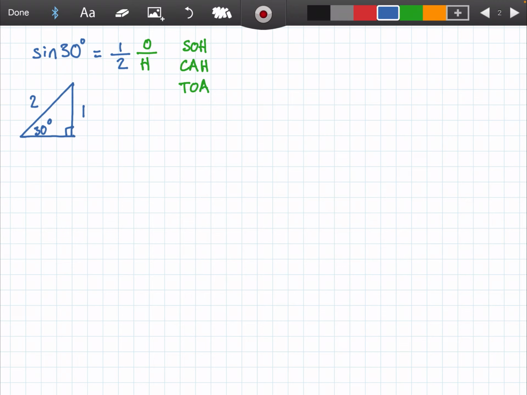I could do another triangle with a 30-degree angle, and this time I can maybe make it 10 and 20 because it's going to reduce. And I could do a bunch of other triangles. Point is, you cannot have a 30-degree angle in a right triangle and not have the opposite over hypotenuse reduce to 1/2.